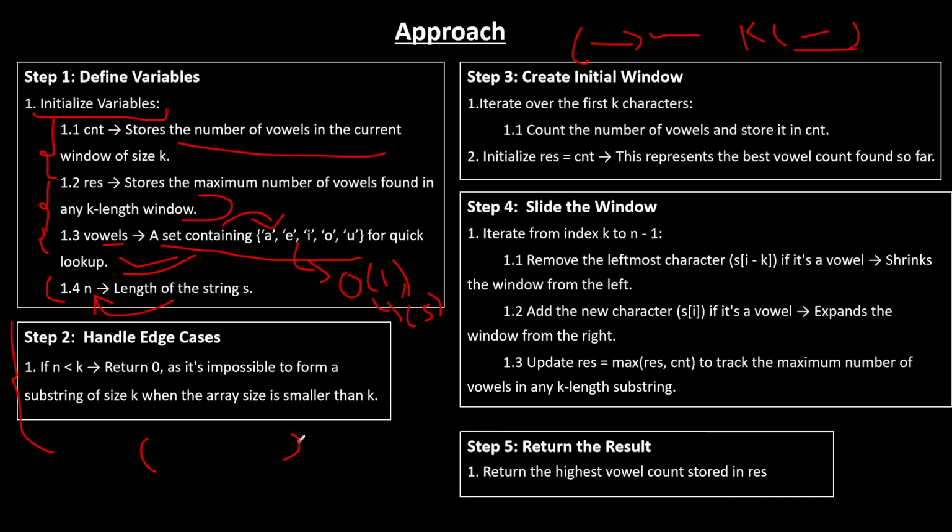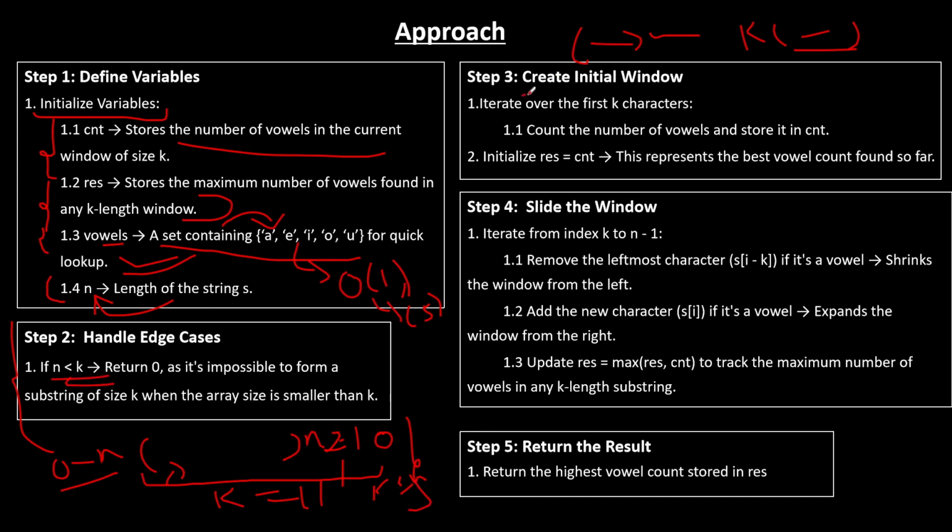If the original string is of length 10, and k comes out to be 11, this is impossible because a substring is a part of the original string itself. But if k is itself greater than n, it is no match, right? So k has to be always smaller than or equal to n. Then only will we be able to search for a substring. So this is the edge case you have to handle here.